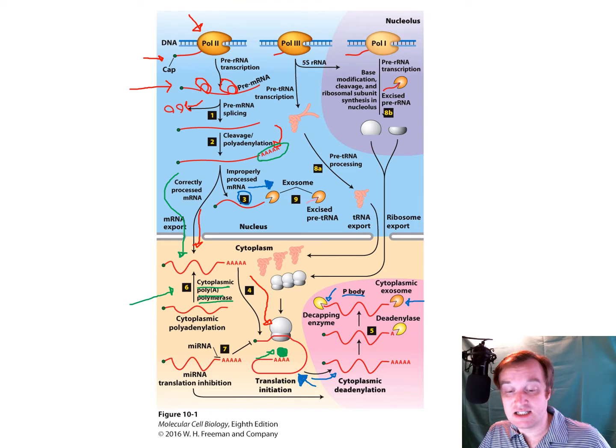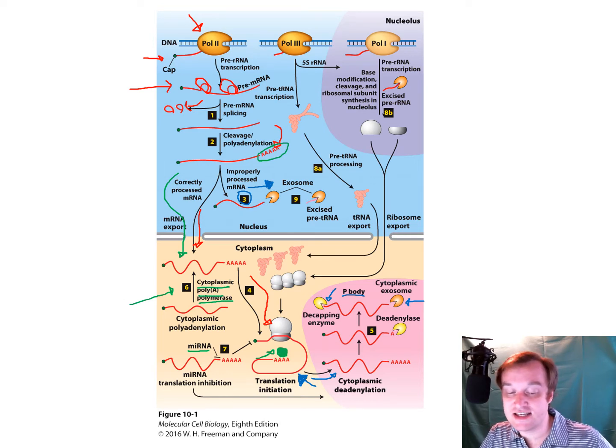And lastly, we have microRNAs. So microRNAs are 22 nucleotide RNAs, these very short RNAs, and they're complementary to the single-stranded mRNA that is on its way to being translated.